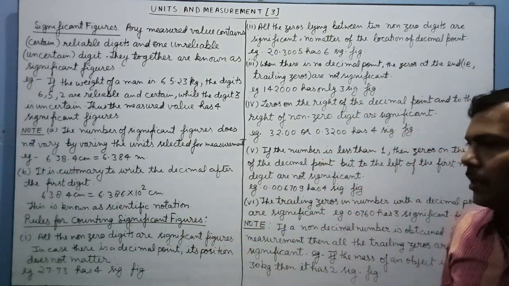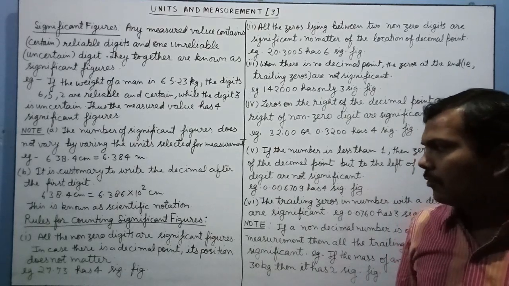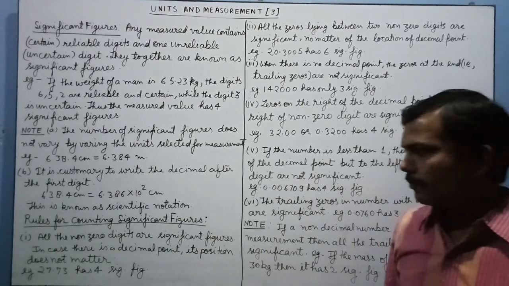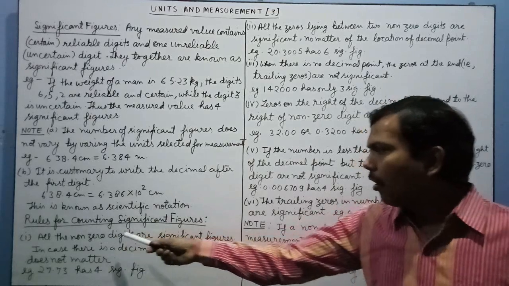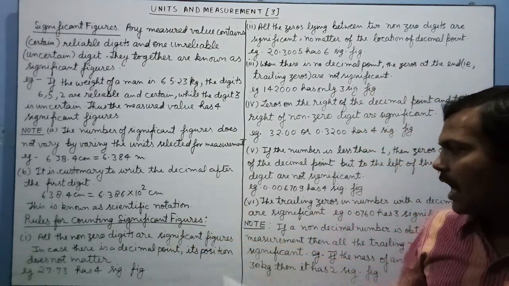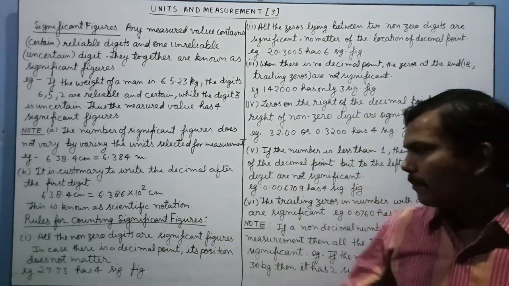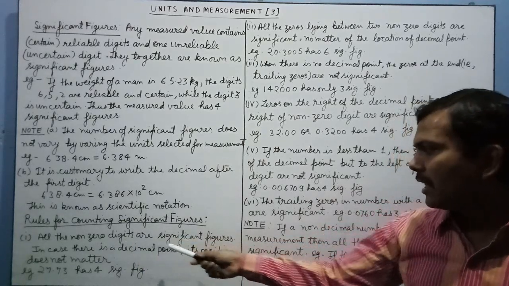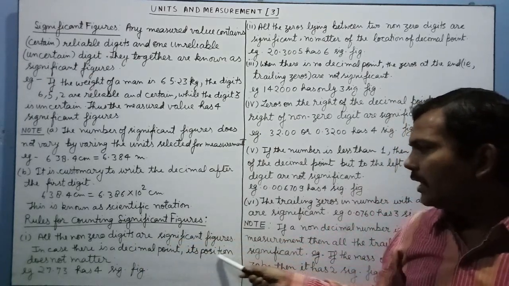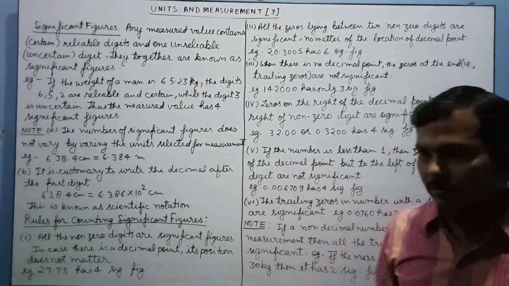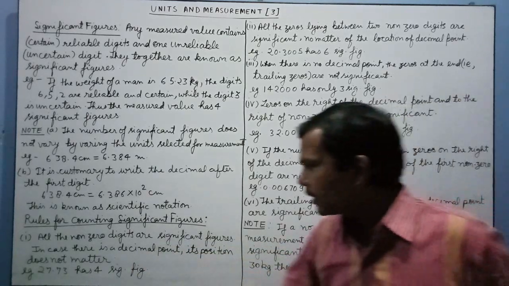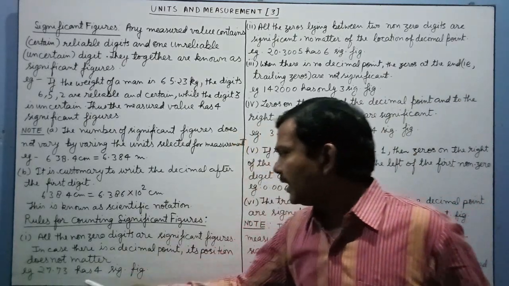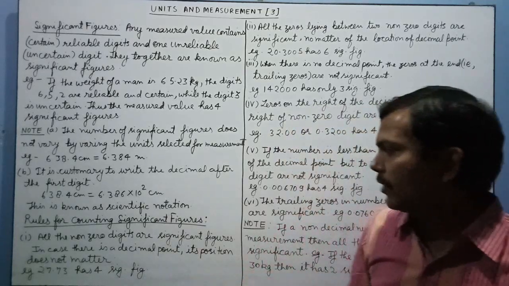Now next we will study the rules for counting significant figures. First, all the non-zero digits are significant figures. In case there is a decimal point, its position does not matter. We will have an example here. 27.73 has 4 significant figures.